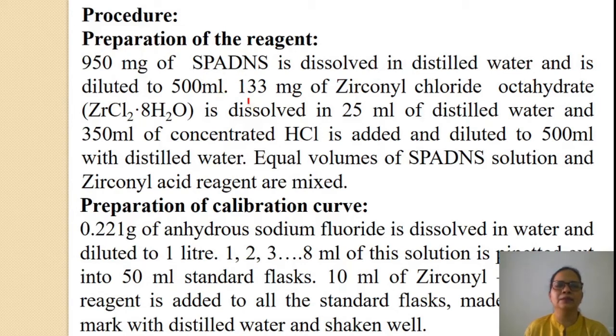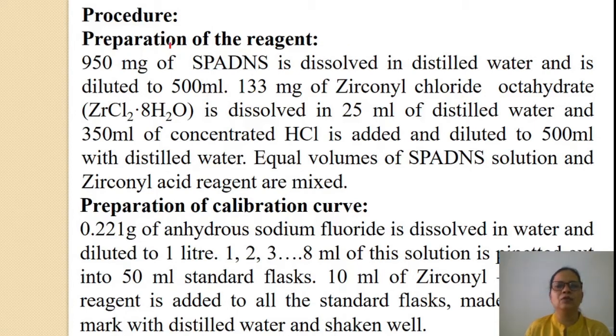The second one, 133 milligram of zirconyl chloride octahydrate, ZrOCl2 8H2O, is dissolved in 25 ml of distilled water and 350 ml of concentrated HCl is added, diluted to 500 ml with distilled water. So this is a second reagent. So we have prepared the SPADNS reagent and zirconyl chloride octahydrate reagent.